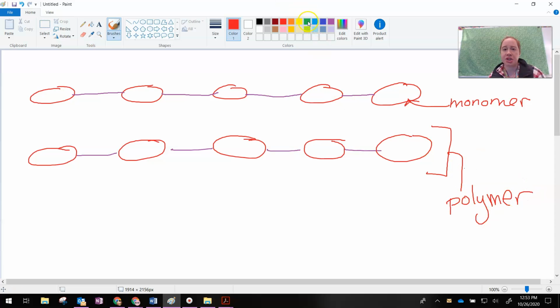Now we need to add in the things that link them together. So I'm going to change my shape and my color, and I'm going to add in this little thing right here, and I'm going to call this the cross link. And it is a molecule, okay? The monomer is also a molecule.